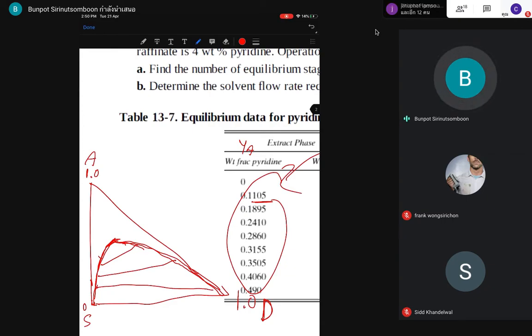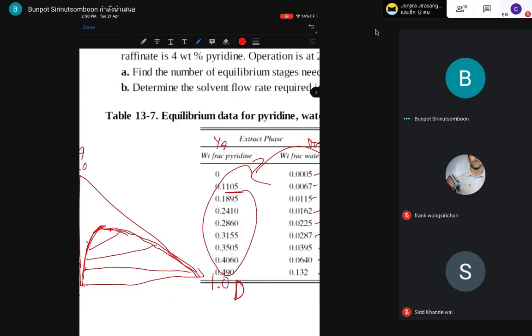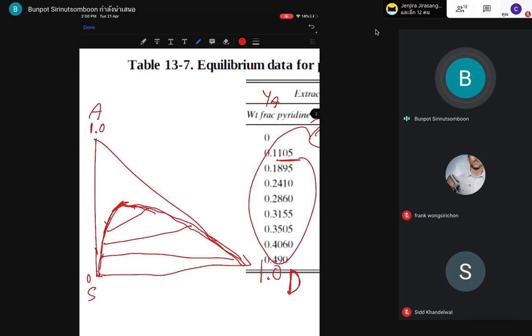In this table right here, I have 1, 2, 3, 4, 5, 6, 7, 8, 9, so actually I can draw nine tie lines on the triangular diagram, but I don't have much space here. I'll just show you an example. So let's say I use three data sets to make three tie lines like this.